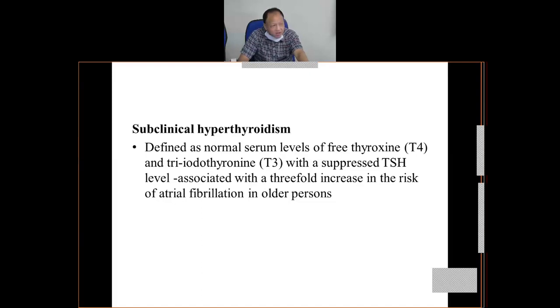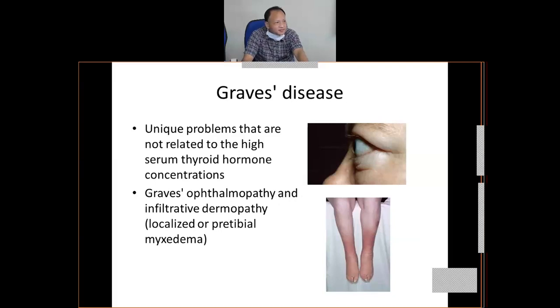These patients with subclinical hyperthyroidism have a threefold increase in the risk of atrial fibrillation if it occurs in older individuals. So remember last time we talked about when do we treat subclinical hypothyroidism? The same applies here also, which we will discuss later in the treatment: subclinical hyperthyroidism may be considered for treatment in some cases.